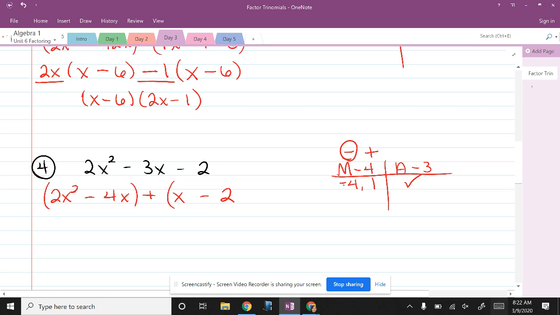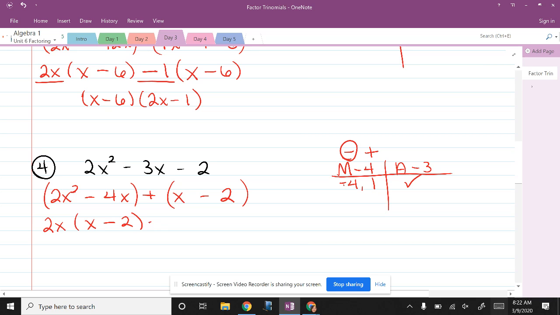Group the first two and the last two. What is my greatest common factor in my first group? 2x. Parentheses. What times 2x is 2x squared? Yep. X. Minus what times 2x is negative 4x?